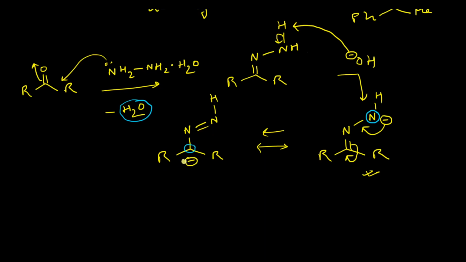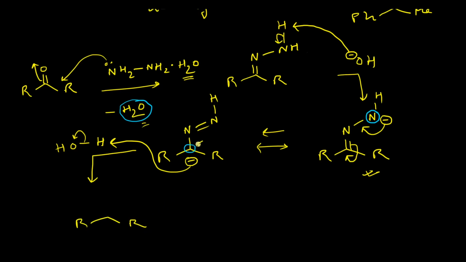So as soon as there is the formation of this particular carbanion in the reaction mixture, it will abstract a proton from a proton source, which is basically water in this case. So after the proton abstraction, or rather protonation of this particular carbon center, we will get this intermediate.